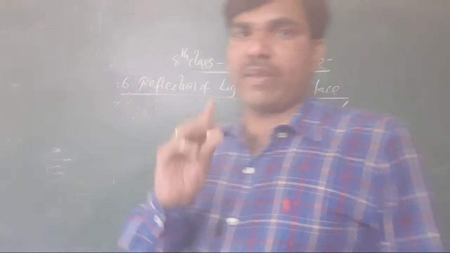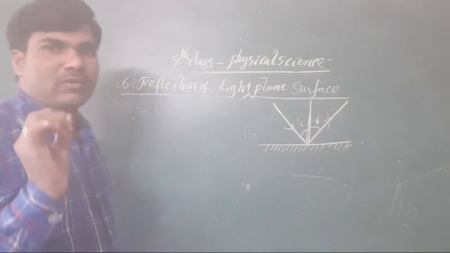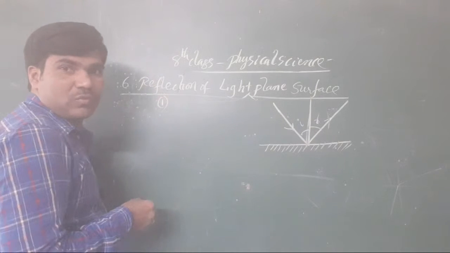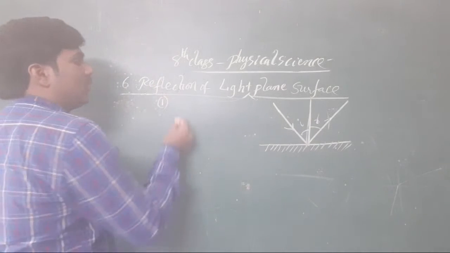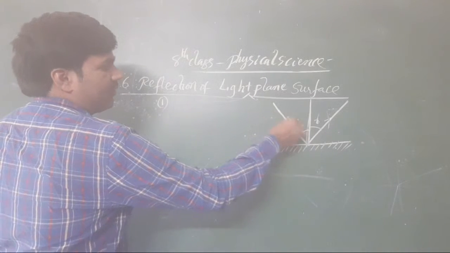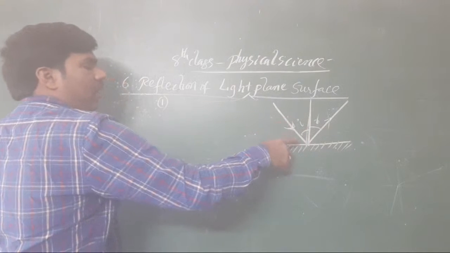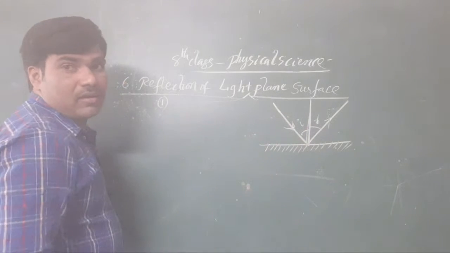There are two laws of reflection. What are the two laws? The first one: the incident ray, the reflected ray, and the normal all lie in the same plane.